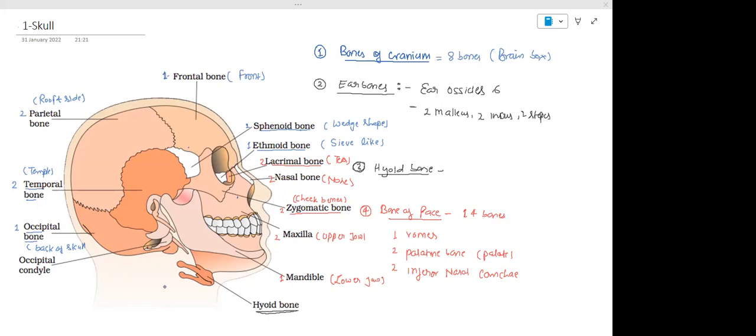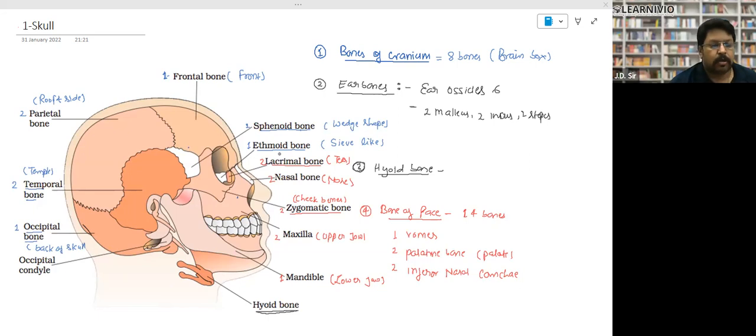When I say brain box, I mean this upper part where the brain is kept safe. This complete upper part is called the cranium.